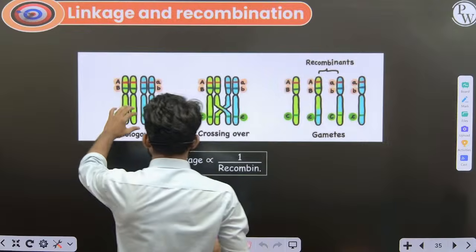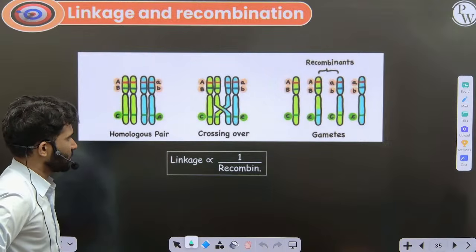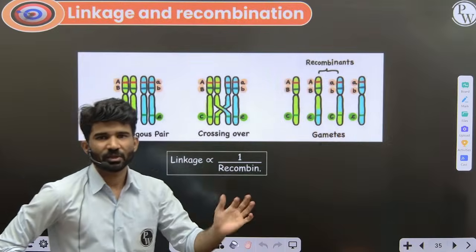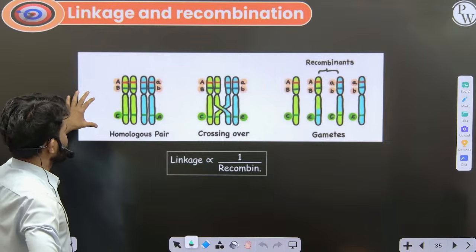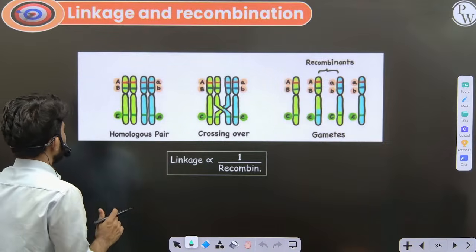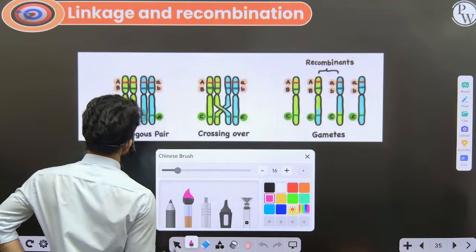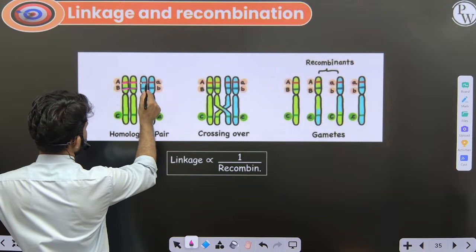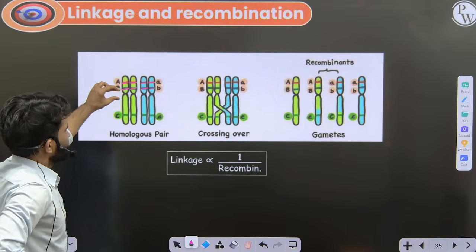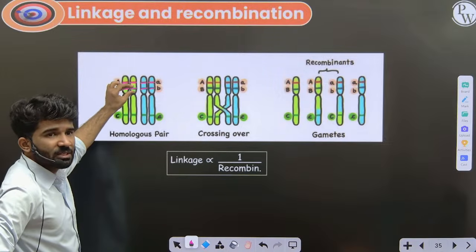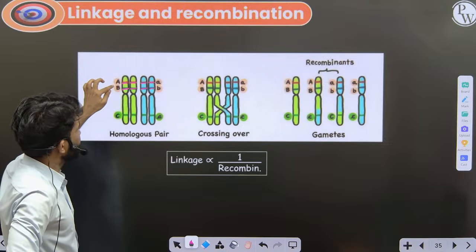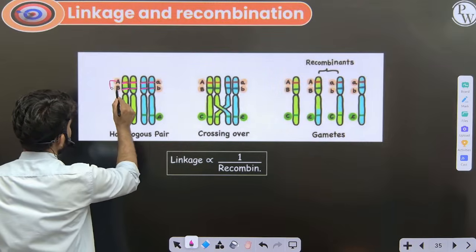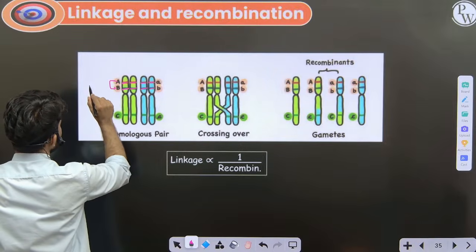In the diagram you can see a homologous pair of chromosomes. This is when crossing over takes place, and these are the recombinant gametes. The A and B genes are located here, closely linked, so the linkage is more. The physical association between A and B is more.